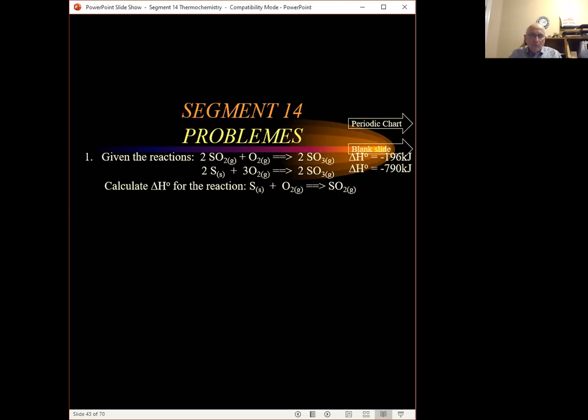Once you measure one and record what its energy is, like for example that first one, minus 196 kilojoules, I can put that in the back of the book and keep it if I wanted to. And I could do the second one and do the same thing. And then instead of measuring sulfur and oxygen to make SO2, which is not one of the 2 reactions, I can use those 2 to calculate it.